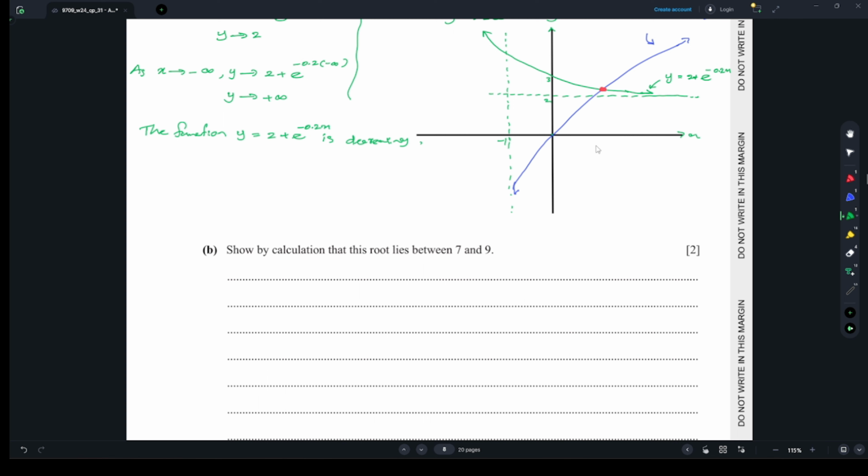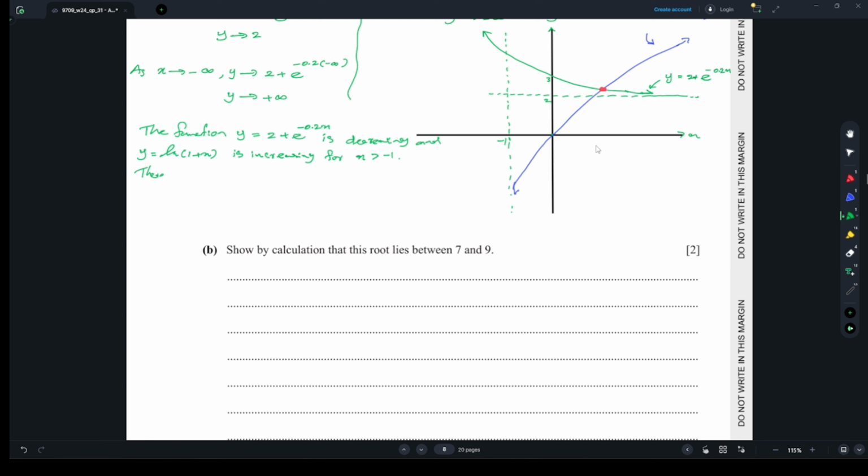Decreasing, and y equals ln 1 plus x is increasing for x greater than -1, right?